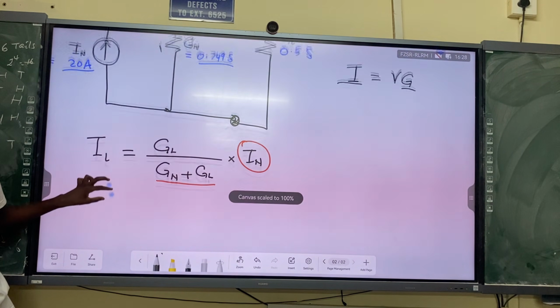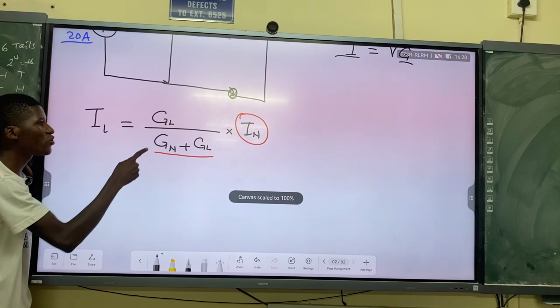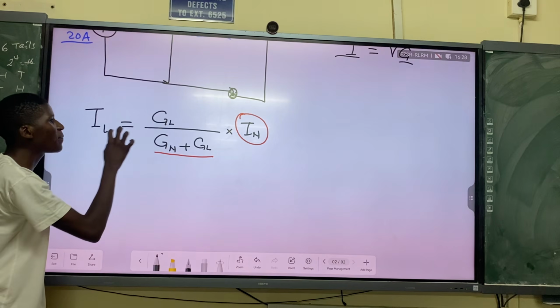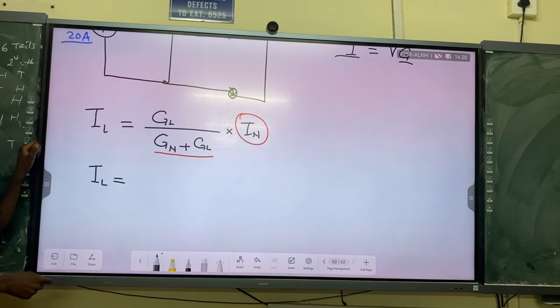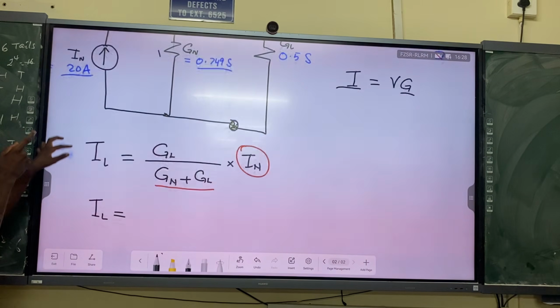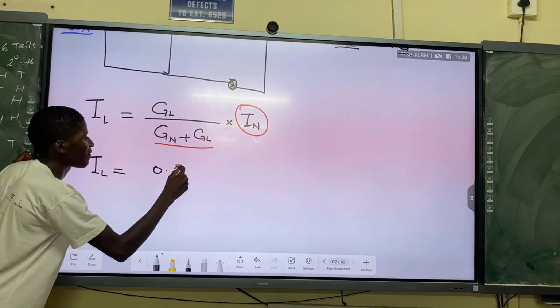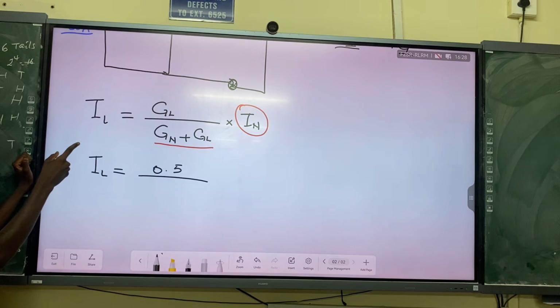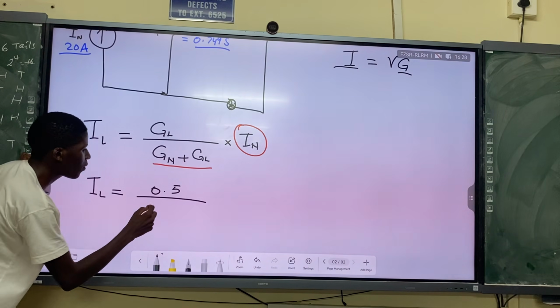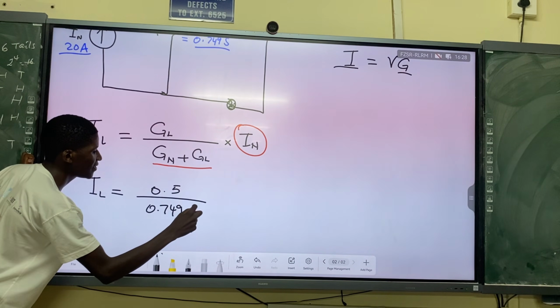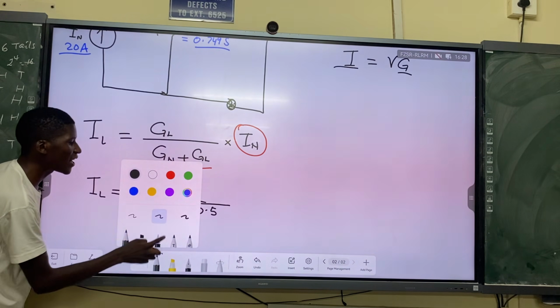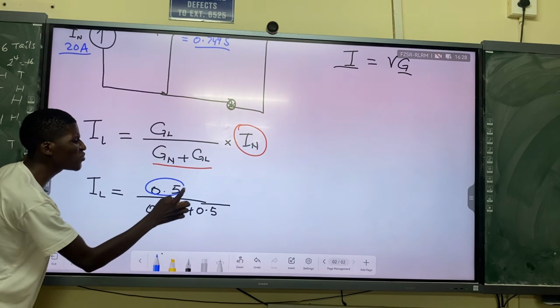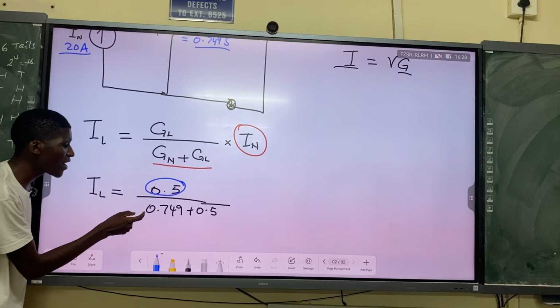So what is going to happen here? We are going to have current in the load resistor. G_load is 0.5 siemens, and G_N is going to be 0.749 plus 0.5. Here we can see we are going to get a smaller portion of current. 0.5 is the smaller portion of the total.